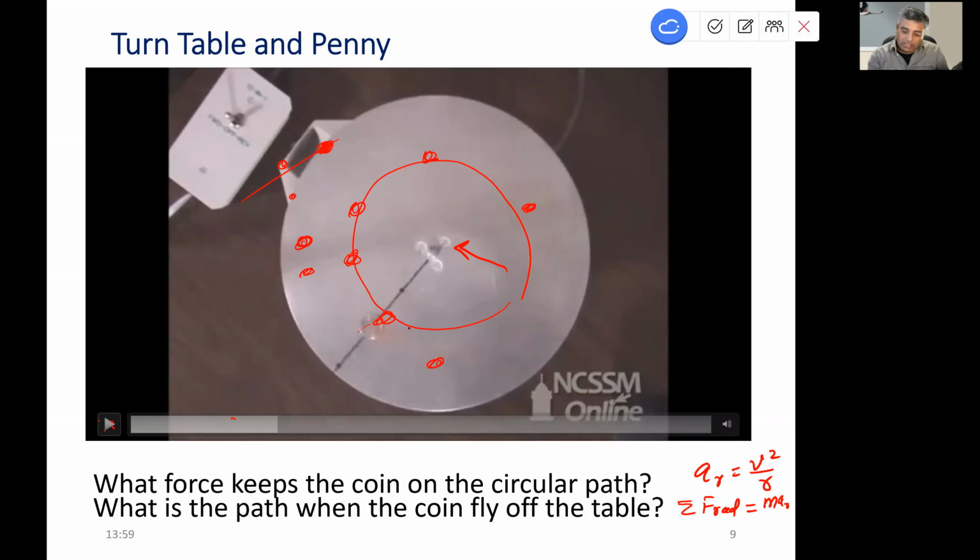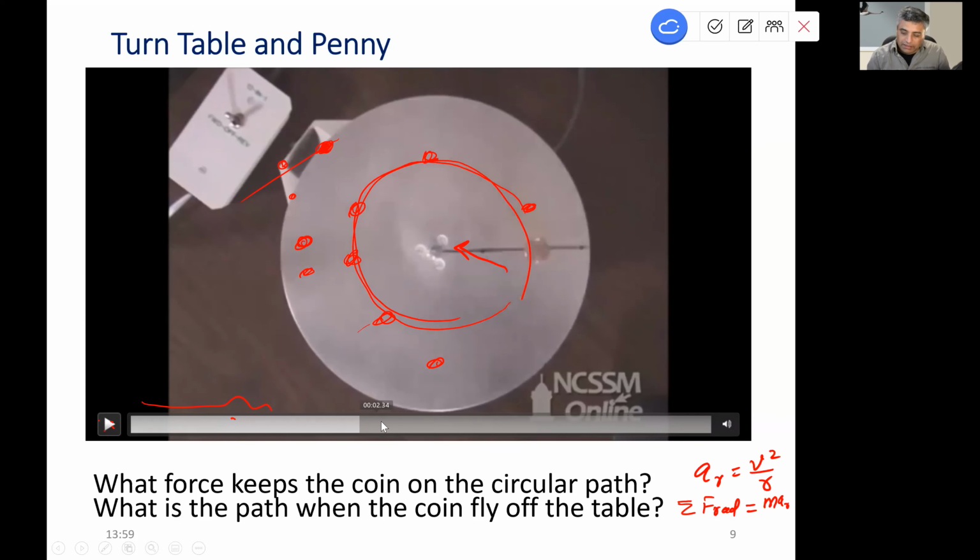Looks like my circle wasn't perfect. As you can see, until this time here in the timeline, the coin went in a circle. It stayed on the circle. And not just that, but even after that, it was basically in that circle there, right?